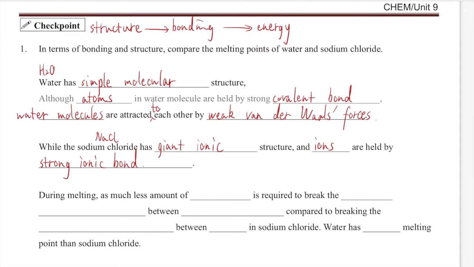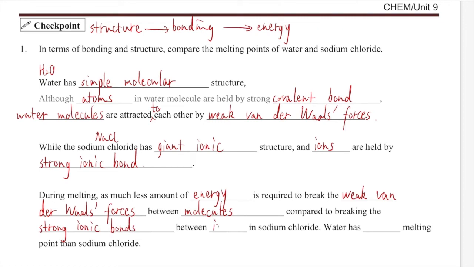So during melting, a much smaller amount of energy is required to break the weak van der Waals forces between molecules compared to breaking the strong ionic bonds between ions in sodium chloride. Water has a lower melting point.